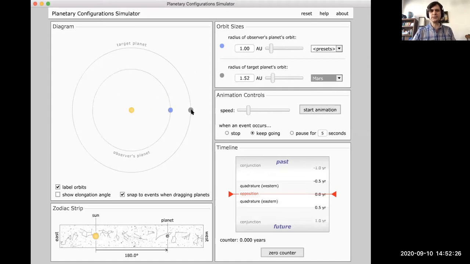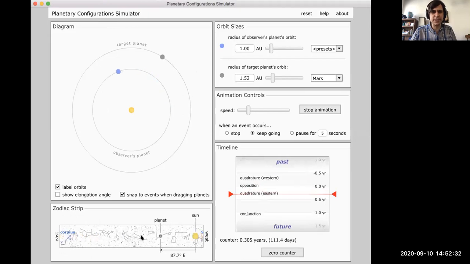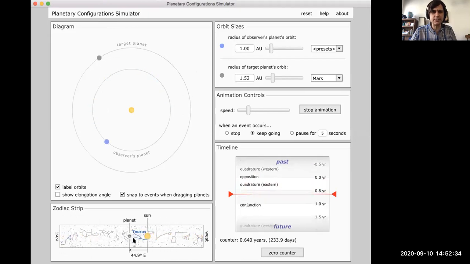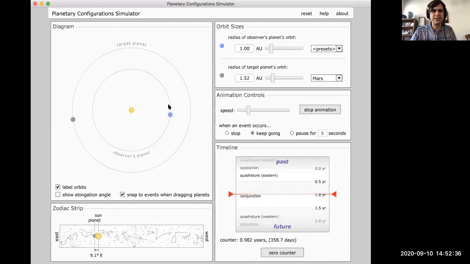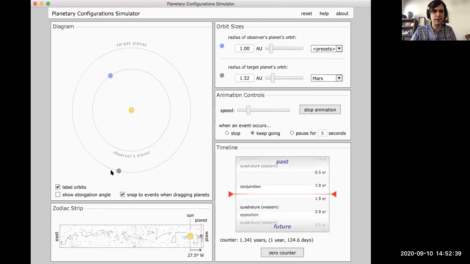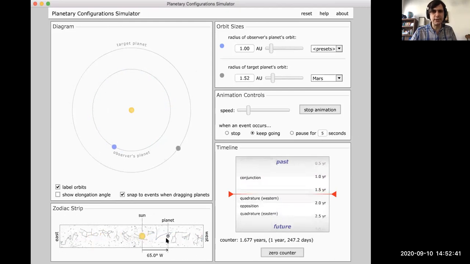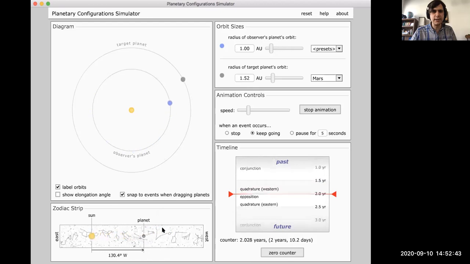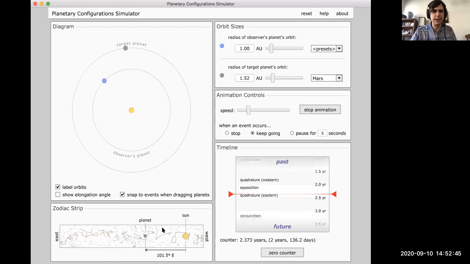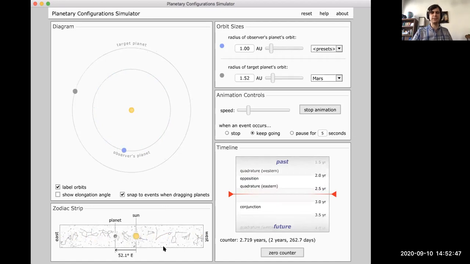Here would be Mars's orbit. And I'm just going to go ahead and start the animation. Here you can see where the planet would be amongst the background stars. Notice that as the Earth is going to catch up to Mars, it's going to start going into retrograde. At opposition, it's in retrograde, and then as it moves past opposition, it stops retrograde.